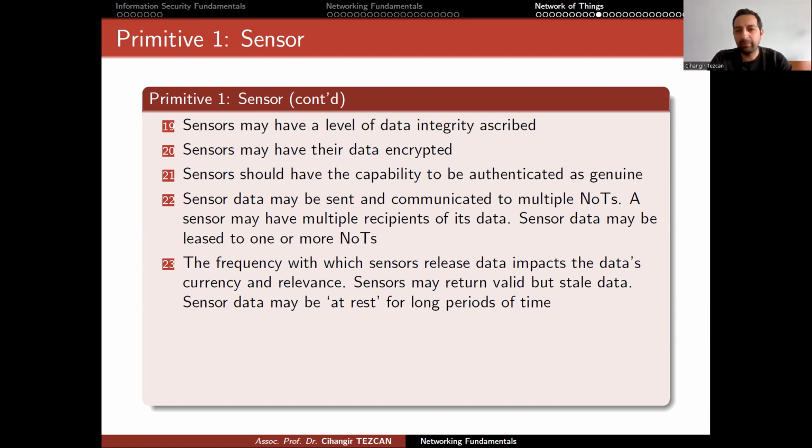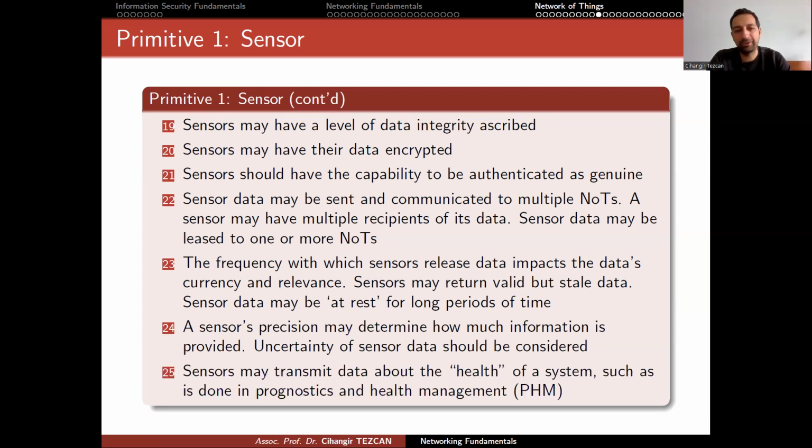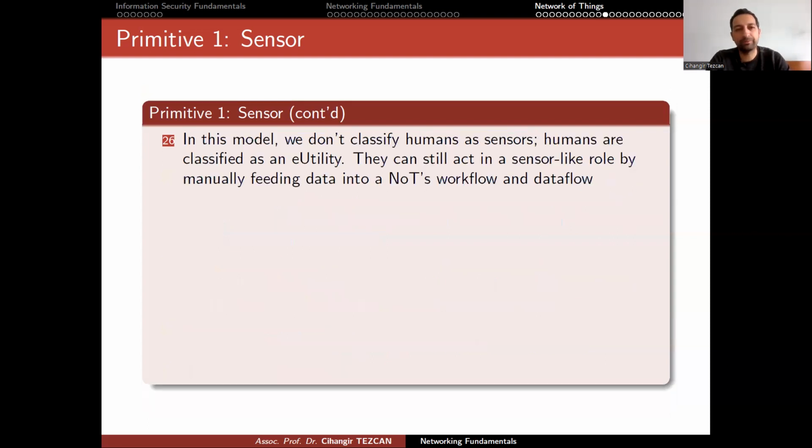Sensors may return valid but stale data. Sensor data may be at rest for long periods of time. A sensor's precision may determine how much information is provided. Uncertainty of sensor data should be considered. Sensors may transmit data about the health of a system, such as is done in prognostics and health management.